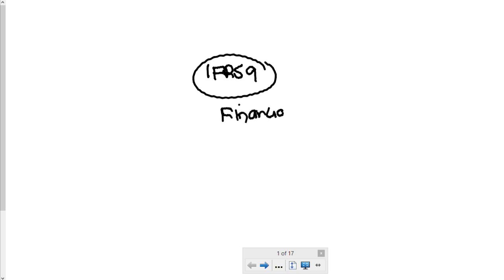You remember we did a little bit of financial instruments in second year, yeah? So at third year level, the financial instruments we're going to look at is financial assets, primarily, and a little bit of financial liabilities.